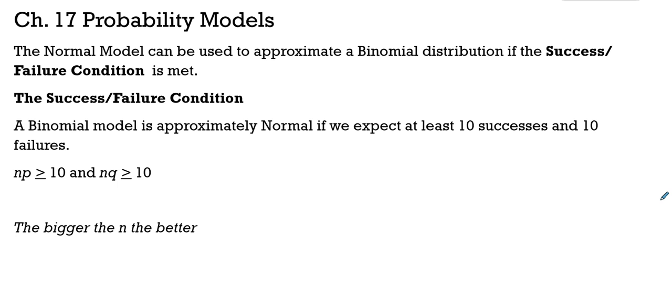But if you've got a big sample, if we're talking about thousands, you could use the normal model, calculating a z-score and plugging it into normal CDF to approximate the binomial. It's not going to be exactly the same, but it's going to be a pretty good approximation.